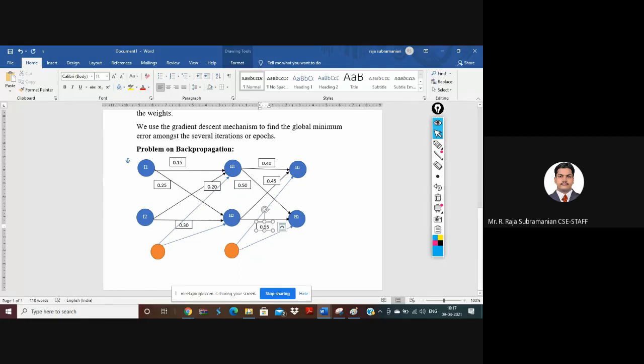And for the bias, I set the bias to be 0.35 over here, and another bias is set as 0.60.